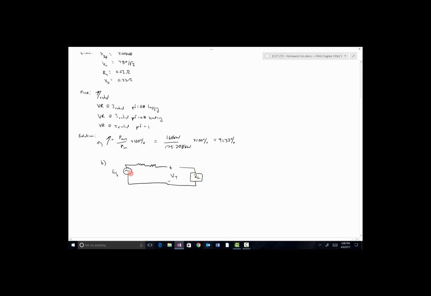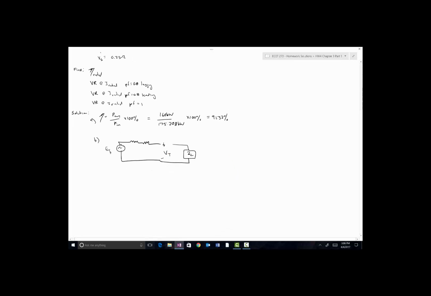You have to adjust EF for all the different load currents to get the correct VT. Once VT is set, if you remove the load, it changes to a no load condition. The difference between the no load condition and the loading condition is called voltage regulation. It's what percent the voltage changes under the load.